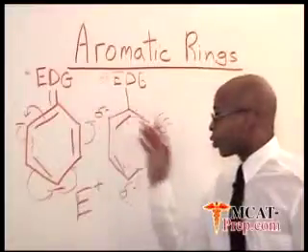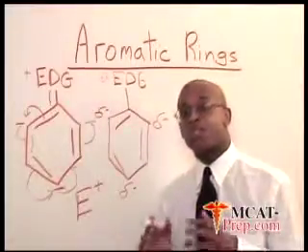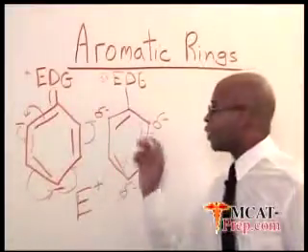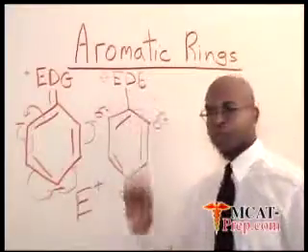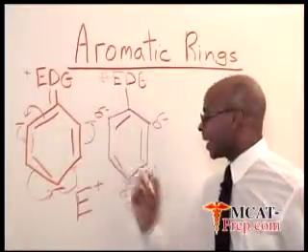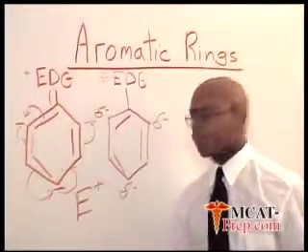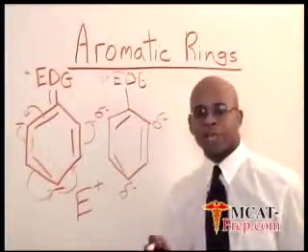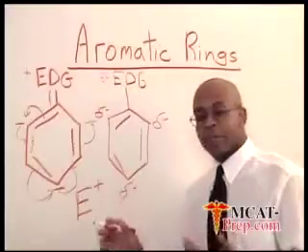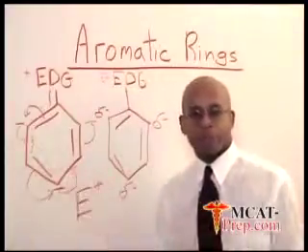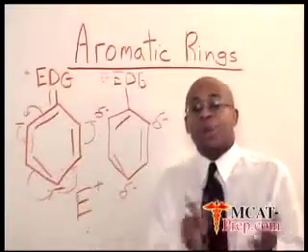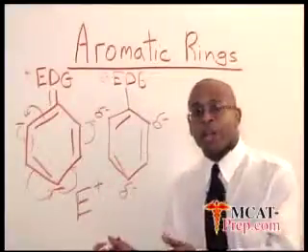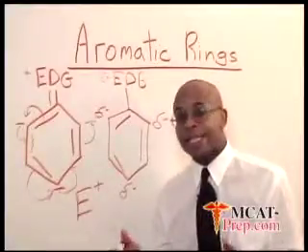Clearly, this ring is more reactive than just the benzene ring. If you had a benzene ring without the electron donating group, then you wouldn't have these delta negative positions. You would just have the benzene ring, neutral, with your delocalized electrons. Therefore, the electrophile could add in any position. There's no reason for it to add in one position any more than another, because there's nothing attached to the ring yet.